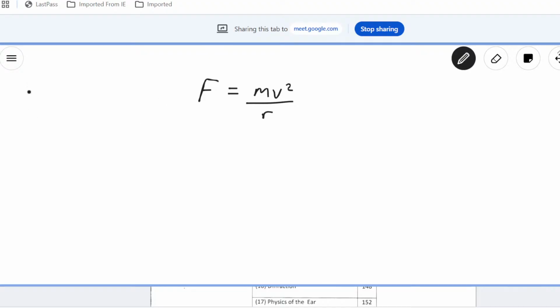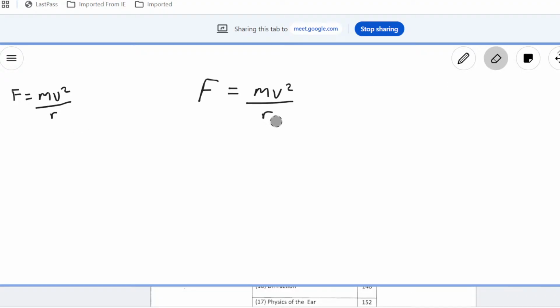We already have an equation for the centripetal force, m r omega squared.